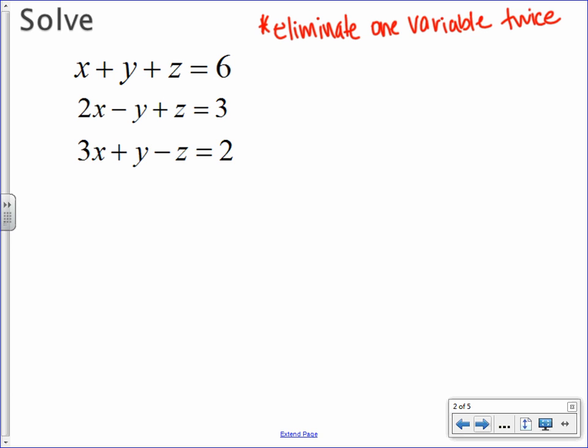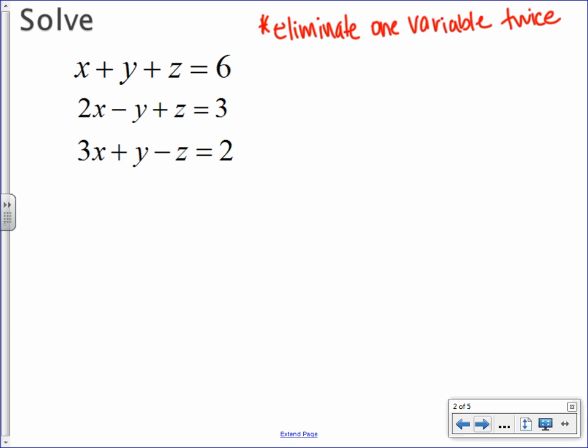So we're going to take this three variable system and eliminate x, y, or z two different times. That way we can get it down to two equations of two variables. We are rock stars at two equations, two variables. So if we can do some elimination to get two different equations with just two variables, we can solve for those two variables and then plug those back in to our original.